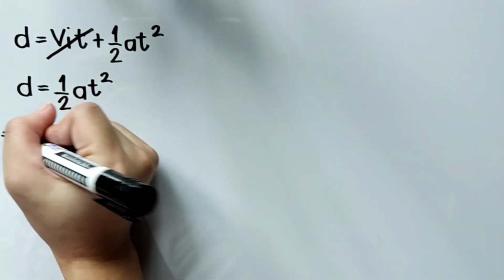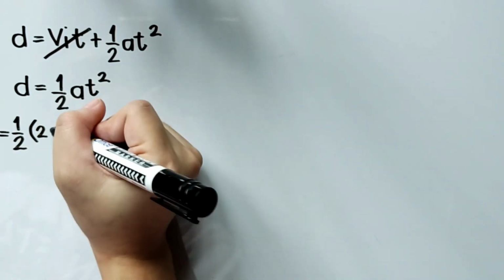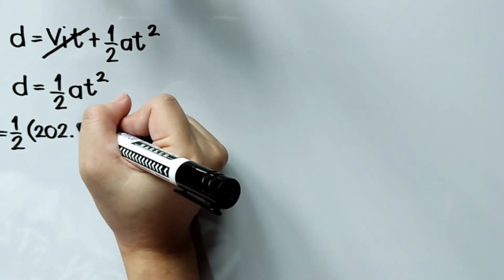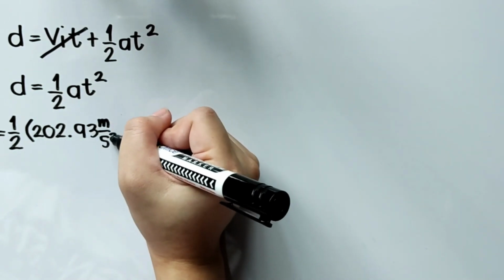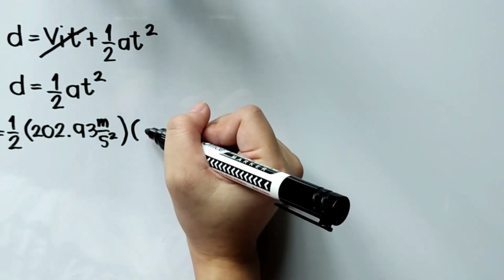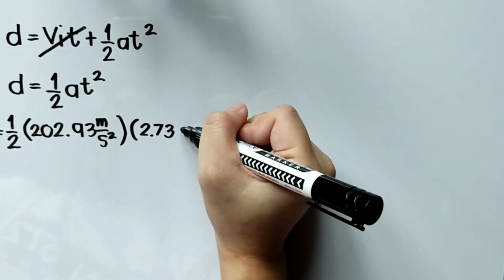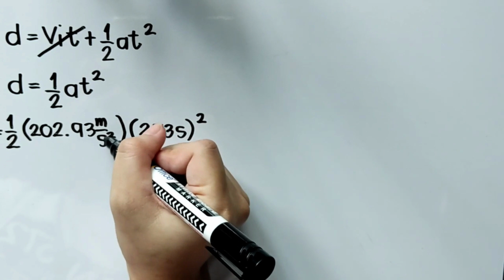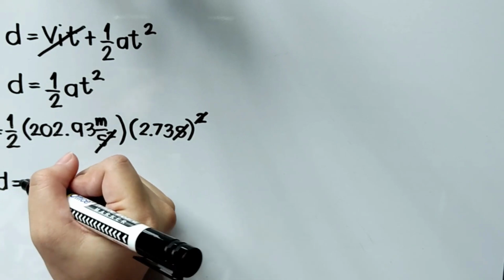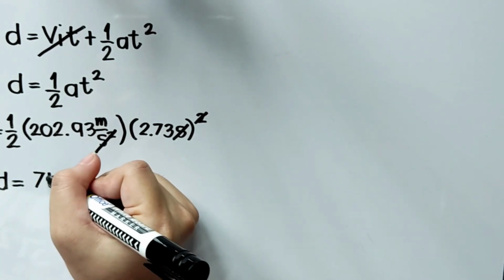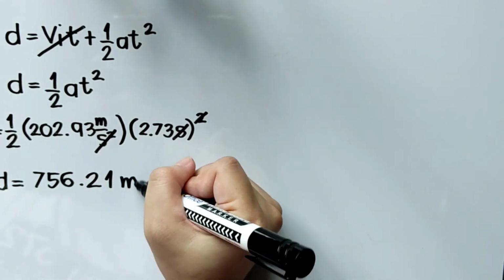By substituting the values, 1/2 multiplied by the acceleration, 202.93 meters per second squared, multiplied by the time, 2.73 seconds, squared. Cancel both seconds squared. By using our calculator, we will get a distance of 756.21 meters.